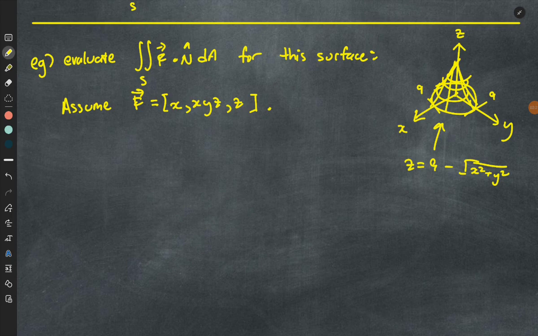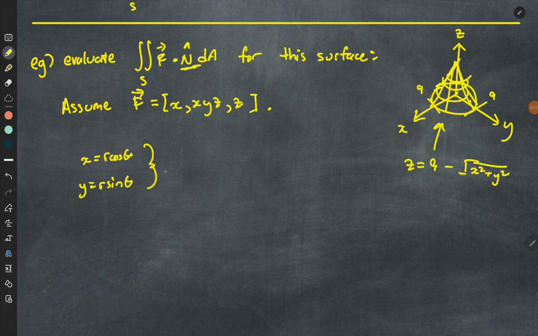The first thing that we're going to do is parameterize the surface so that we can find the normal vector. It looks relatively circular, so we can substitute x as r cos theta and y as r sin theta.